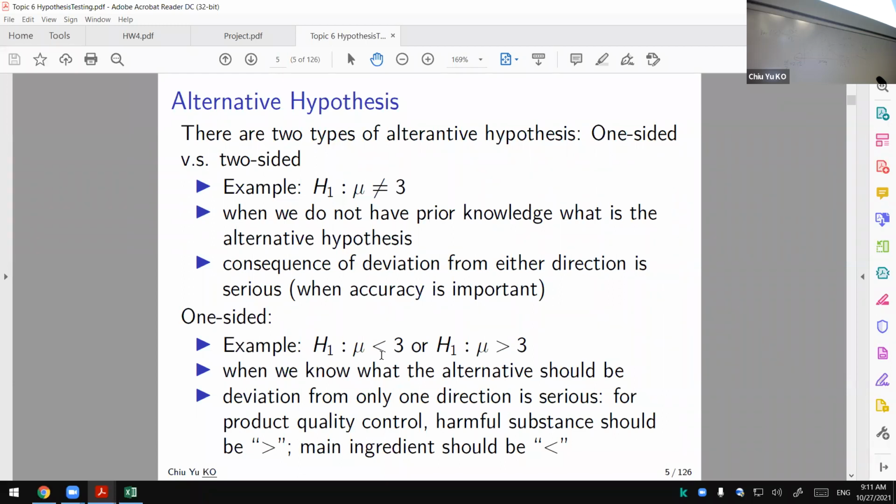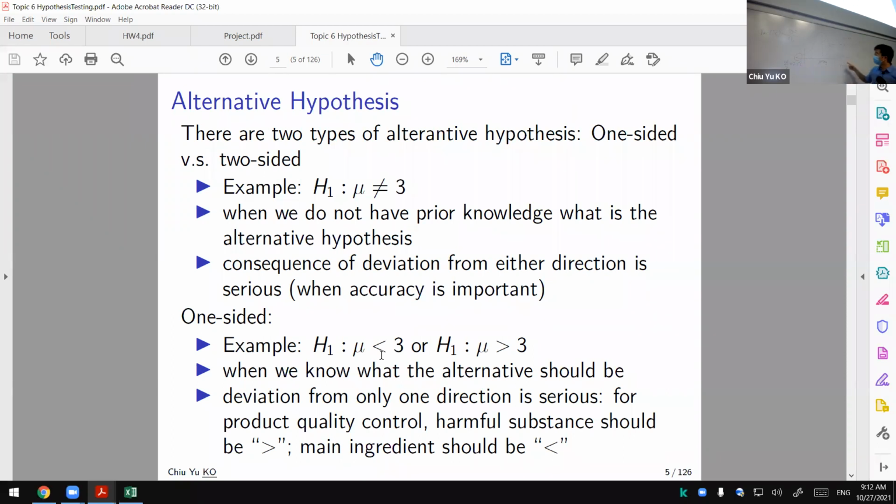Okay, so for the example I gave on the whiteboard, this is a two-sided alternative. Because suppose I'm the manufacturer. I will not be very happy if I have less than 5, right? Because less than 5, then I may be sued by government.